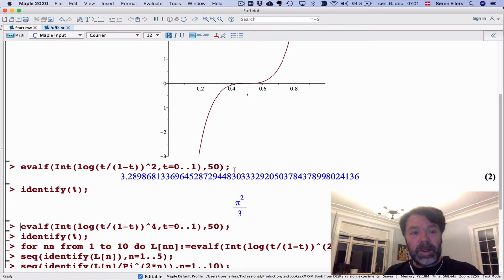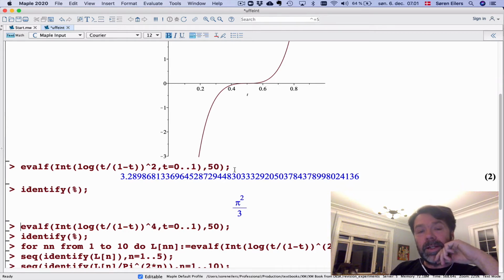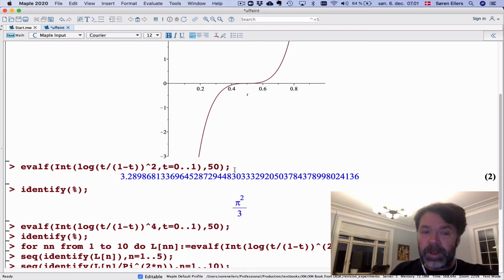Well, the point is that even though Mabel doesn't understand how to theoretically evaluate this integral, it certainly knows how to do an approximation by essentially taking a middle sum or something like that, probably slightly better than that.